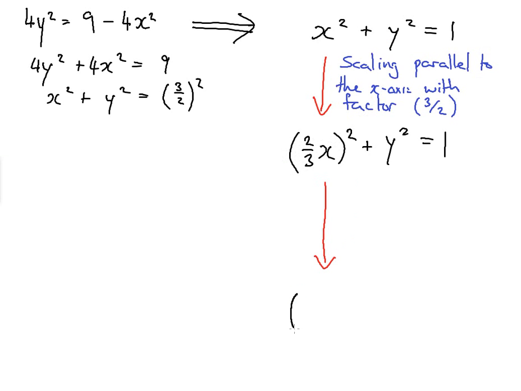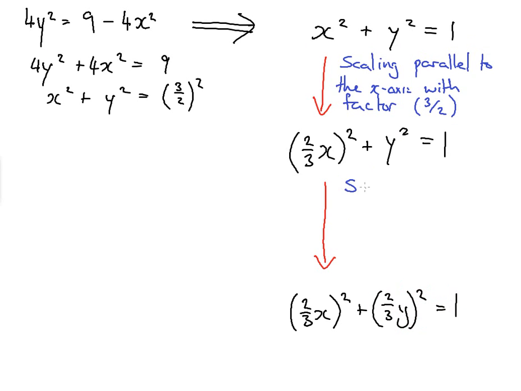So we're going to rewrite this as (2/3 x) squared plus (2/3 y) squared equals 1. So what have we done this time?